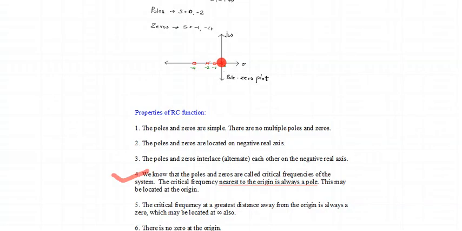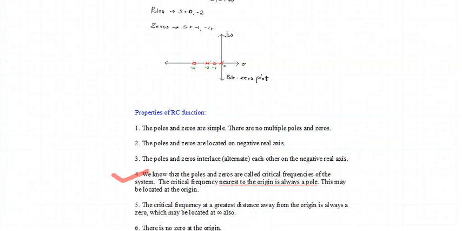So zero is the one which is far away from the origin. The one which is closer to origin is always the pole. So here for this particular example, the pole is on the origin itself, but it may not always be the case.